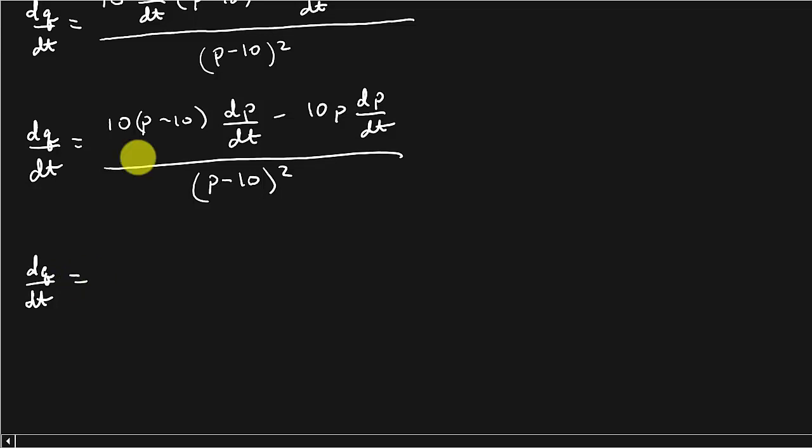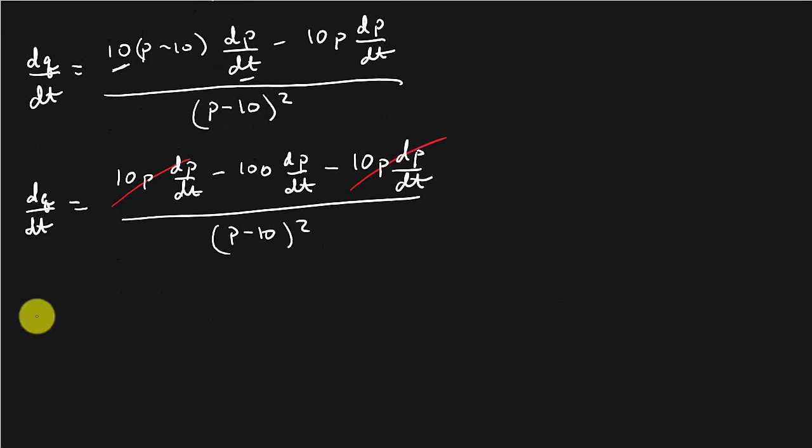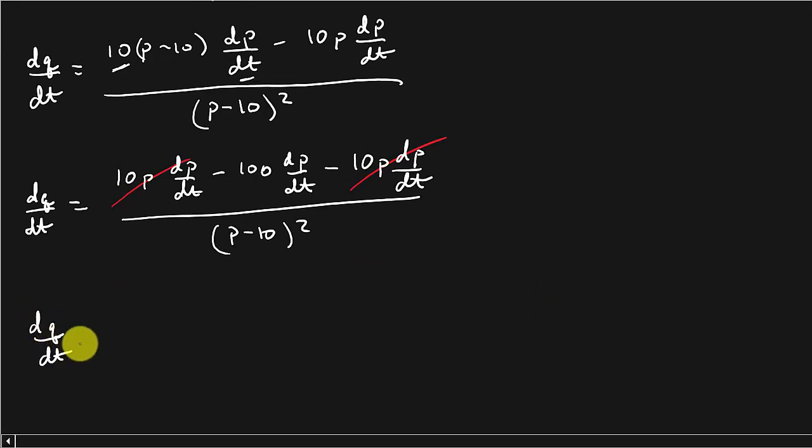So that's going to be 10p dp/dt, I'm distributing the 10, minus 100 dp/dt, minus 10p dp/dt, over (p minus 10) squared. The reason I did that, you see, those cancel out. And so we're left with dQ/dt is equal to negative 100 dp/dt over (p minus 10) squared.